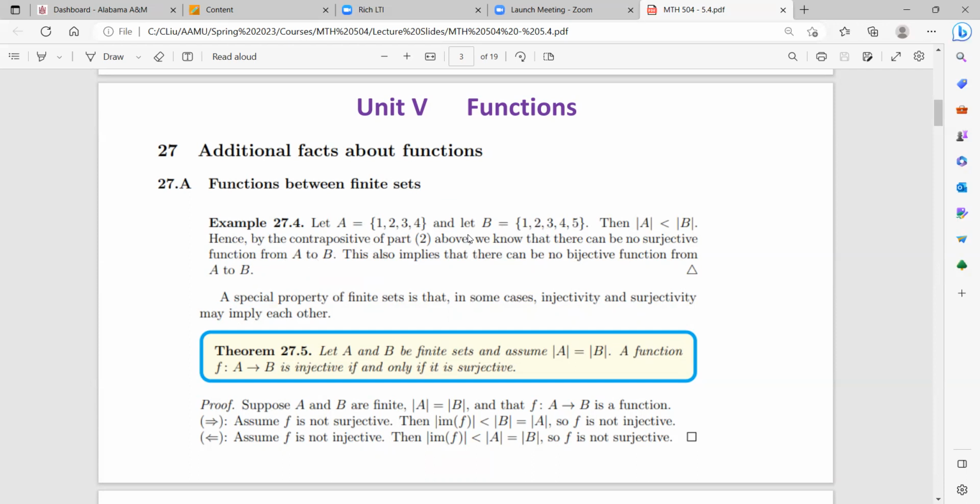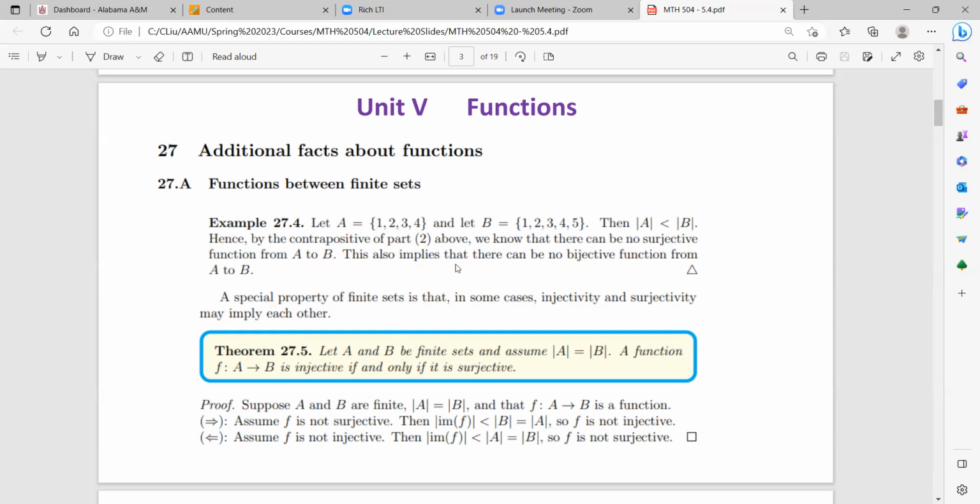You can use the theorem on the previous page, but this is also obvious, because a surjective function from A to B requires the image of A to be the same as the set B. But B has more elements than A, and you can have at most 4 elements in the image of A, right?